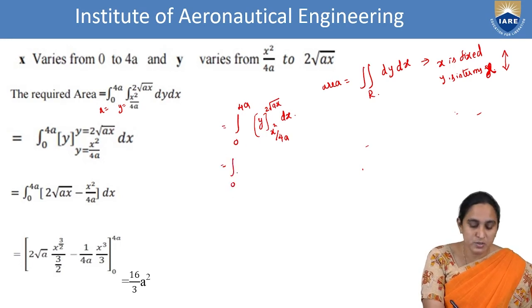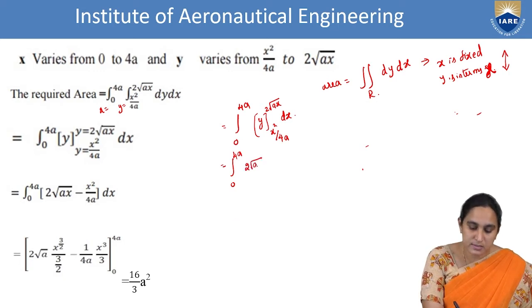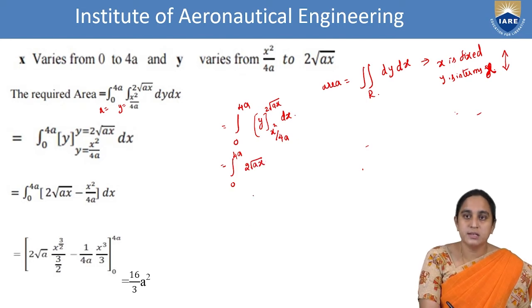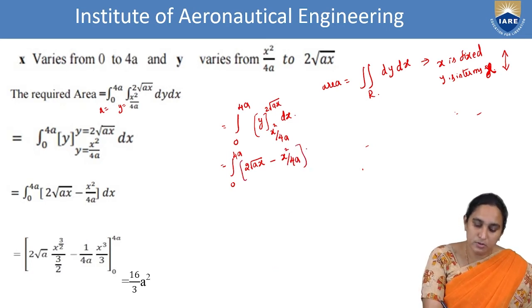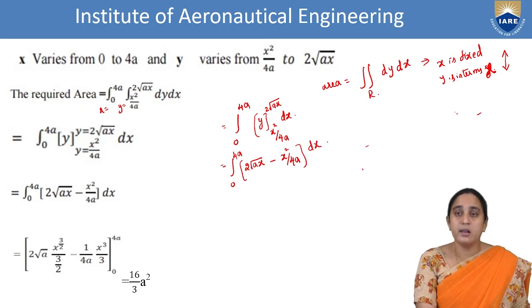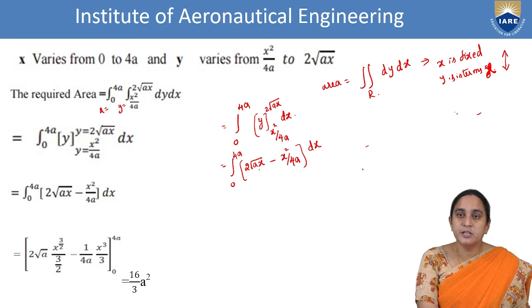First the upper limit of y as 2 root ax, minus x square by 4a, into dx. Once you see here, after substituting the y limit, it will convert completely in terms of x.